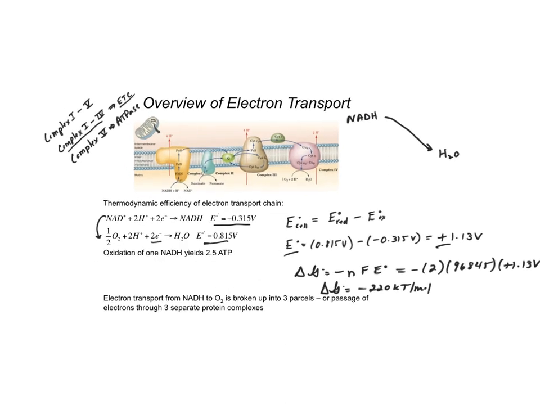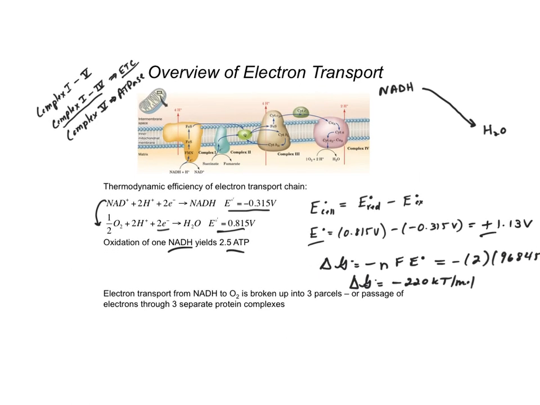So that is the overall amount of energy that the reduction of oxygen via NADH could generate. I've also told you already that for every 1 NADH, we only generate about 2.5 ATP in this process of oxidative phosphorylation. How much approximately does it cost to phosphorylate ATP from ADP and Pi? Like 30-ish kilojoules, so it's an endergonic reaction.